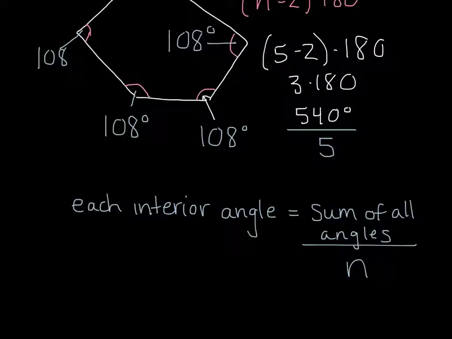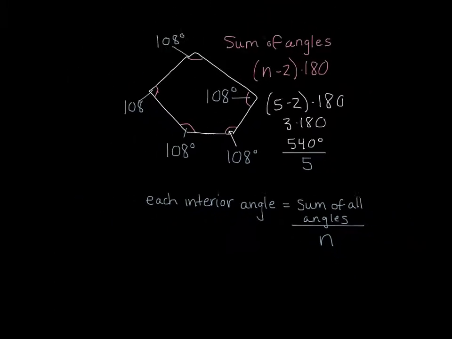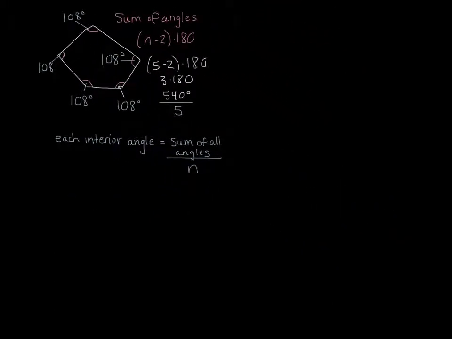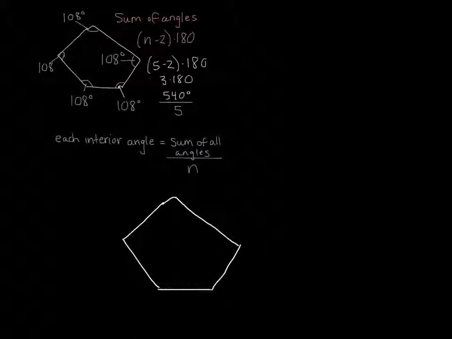Now I mentioned that those are called interior angles, and I didn't really explain that. If you have a polygon, let's say another pentagon, you've got angles on the inside, and if you zoom in on one and draw a line on the outside that extends one of the sides, you would also come up with an outside angle.